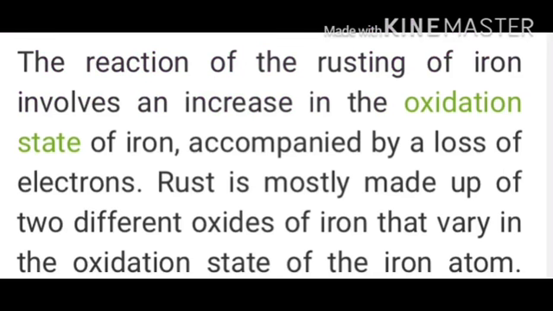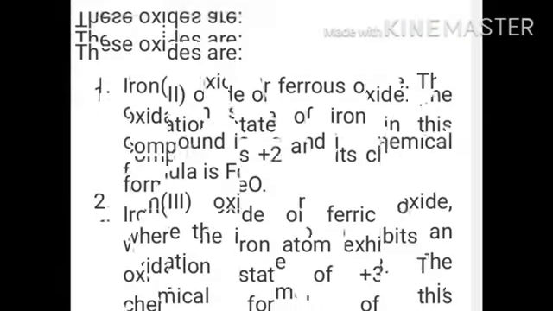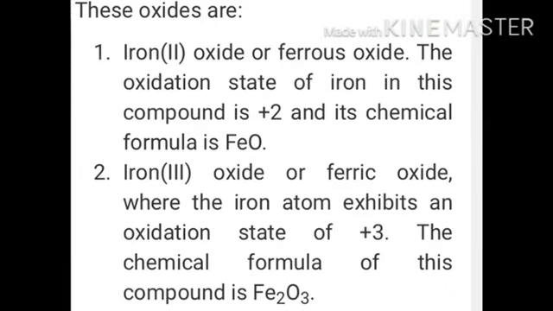The reaction of the rusting of iron involves an increase in the oxidation state of iron accompanied by a loss of electrons. Rust is mainly made up of two different oxides of iron that vary in the oxidation state of the iron atom. These oxides are, first, iron 2 oxide or ferrous oxide.